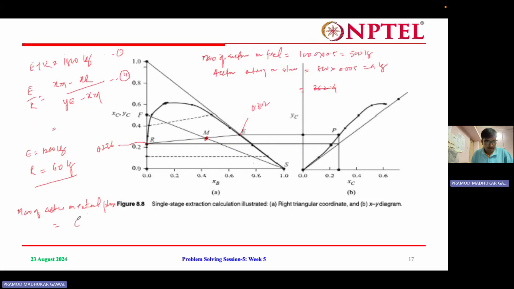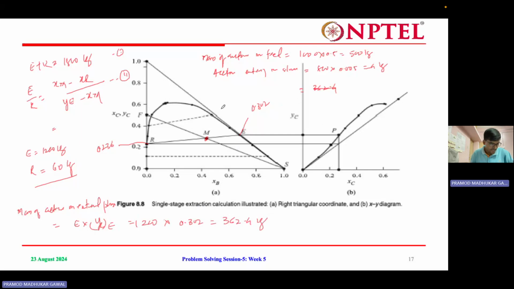So E into YC E. The quantity of extract phase is 1200 kg, into YC, the mole fraction of the solute in the extract phase, 0.302. So 362.4 kg. Now come back to here.